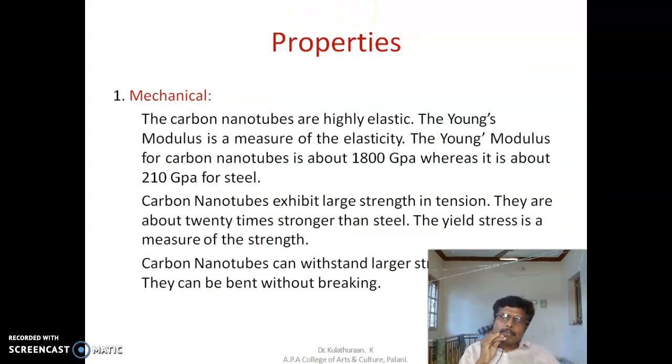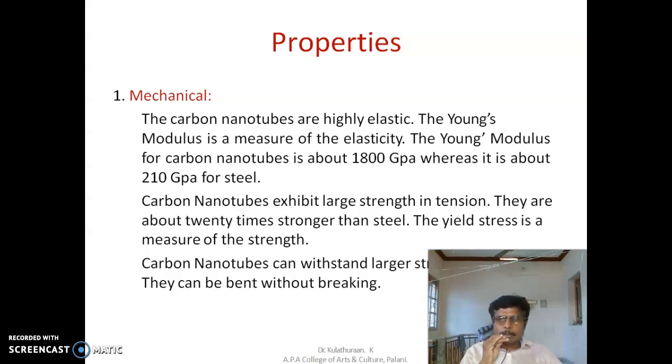Then properties of carbon nanotubes. Mechanical properties. The carbon nanotubes are highly elastic. Young's modulus is a measure of the elasticity. The Young's modulus of carbon nanotubes is about 1800 GPa, whereas it is about 410 GPa for steel.